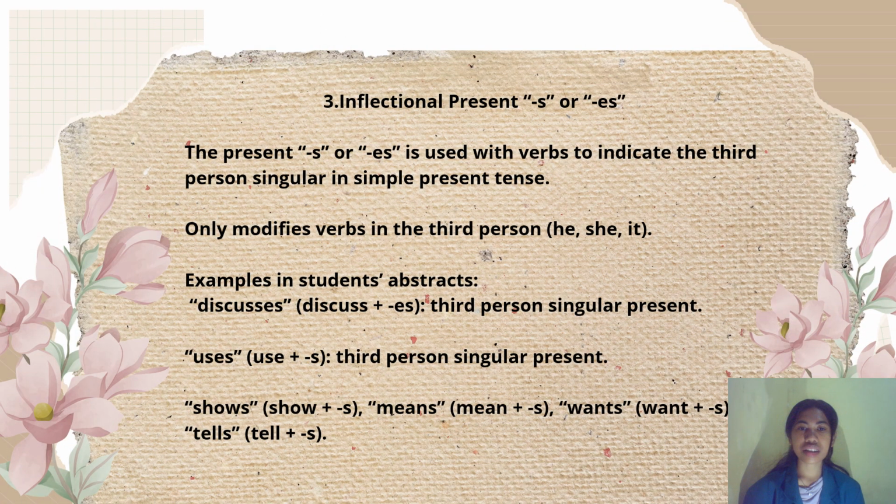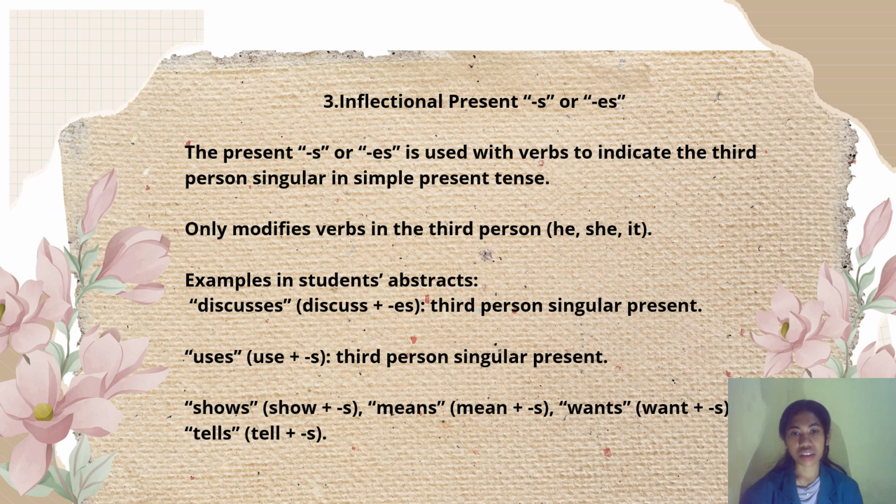Here we would like to discuss the inflectional present s or es. The present s or es is used with verbs to indicate the third person singular in simple present tense. These only modify verbs in the third person: he, she, it. For example, in students' abstracts, discusses from the verb discuss plus the inflectional es.